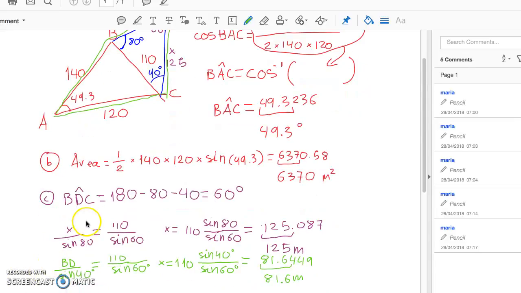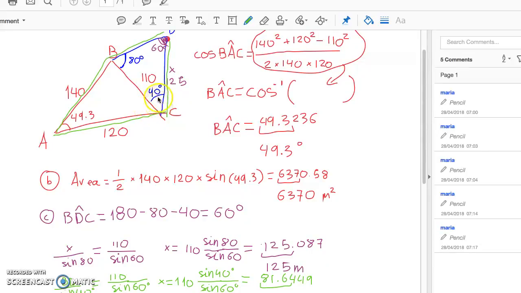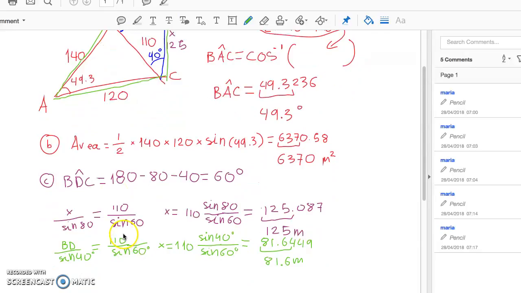I apply the same rule as before, but now I'm looking for another side, BD, so I need to use the sine of the opposite angle, which is now the 40. I choose the same angle and side as before, and I need to isolate x, my BD. Put this in the calculator, it is 81.6444, three significant figures, 81.6.